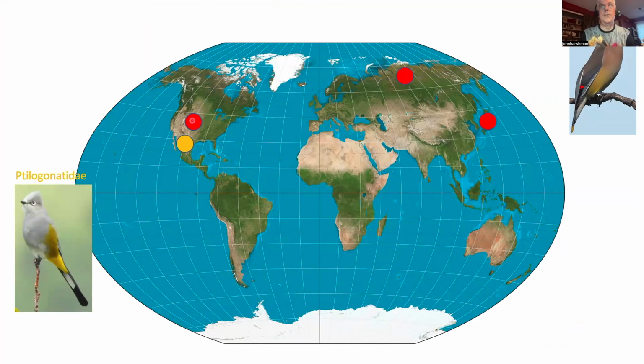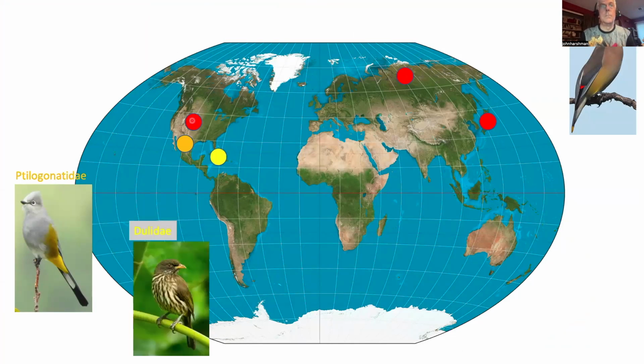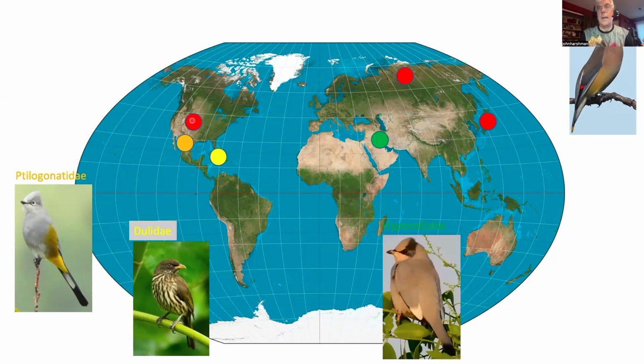Then it gets a little stranger. This is the palmchat. The entire family is 1 species found in Hispaniola, nowhere else. This is the hypocolius, 1 species found in a limited range in the Mideast.